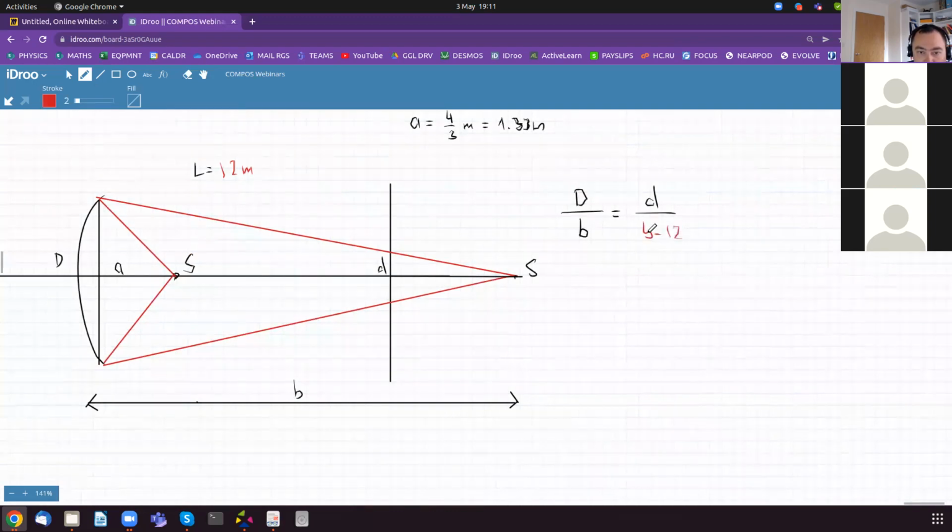Here we get dB minus 12D equals BD minus LD, and B is equal to LD over D minus D.